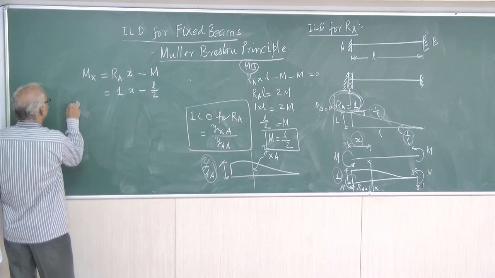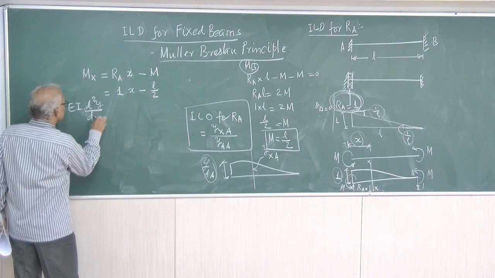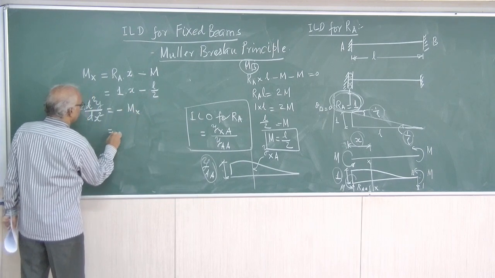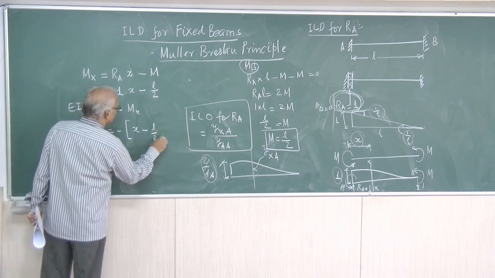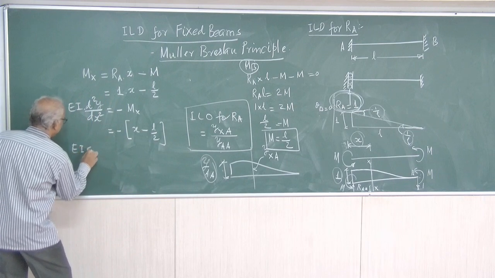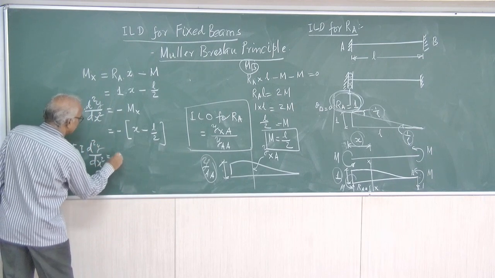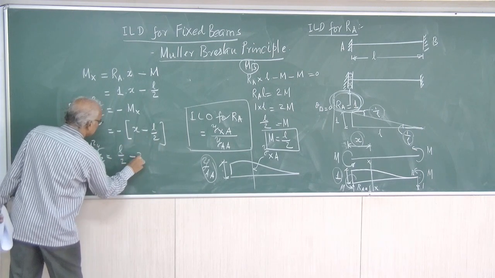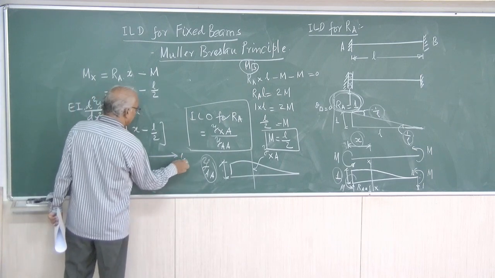Therefore, we know EI into d square y by dx square equals minus Mx, equals minus of x minus L by 2, or EI d square y by dx square equals L by 2 minus x. Let us call this equation number 1. This is the main equation.